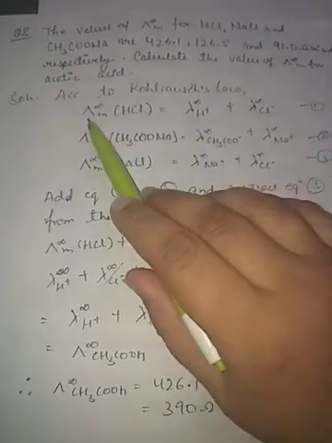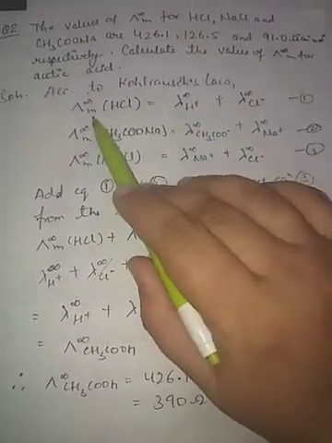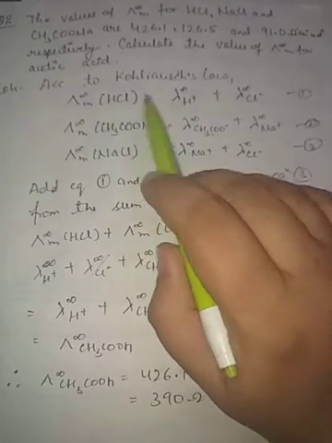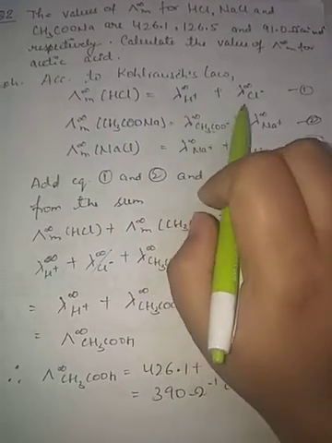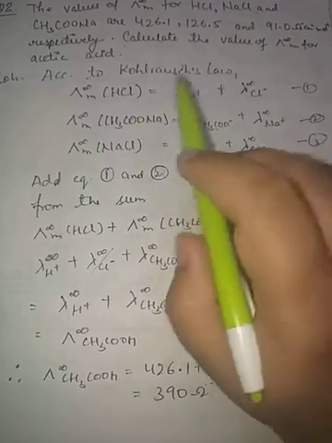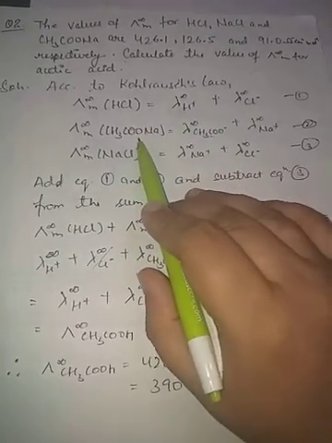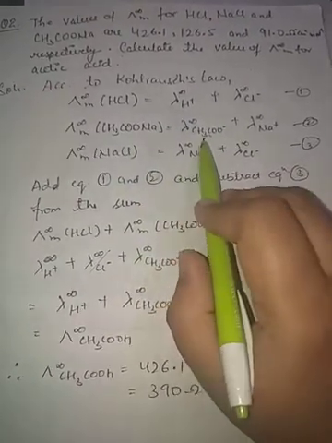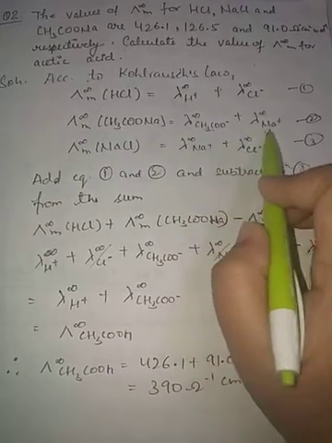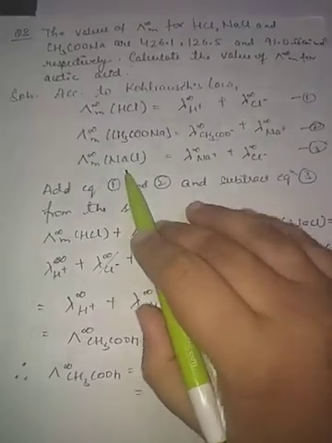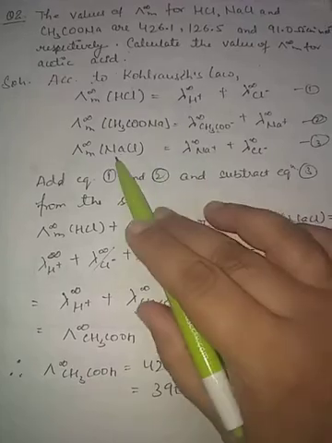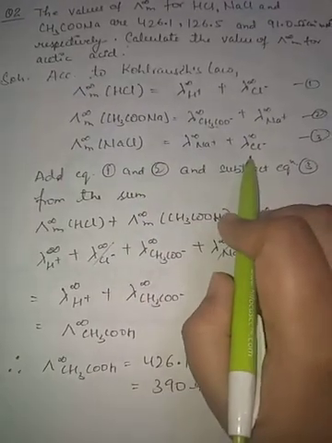According to Kohlrausch law, we know that the molar conductivity of HCl equals the conductivity of H plus plus the molar conductivity of Cl minus. For CH3COONa, it is the molar conductivity of acetate ion plus the molar conductivity of Na plus. For NaCl, it is the molar conductivity of Na plus and the molar conductivity of Cl minus.